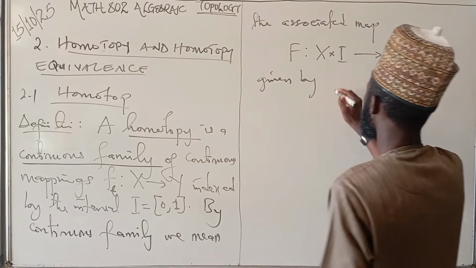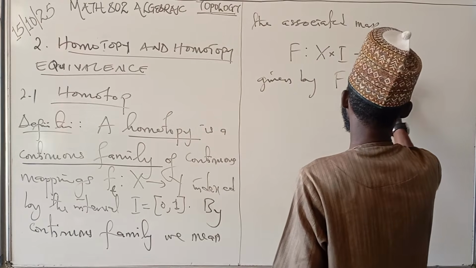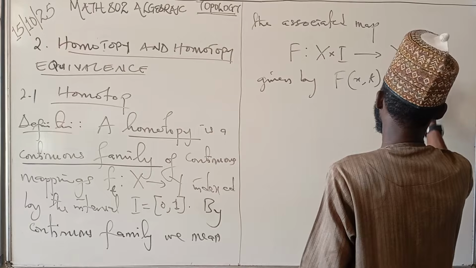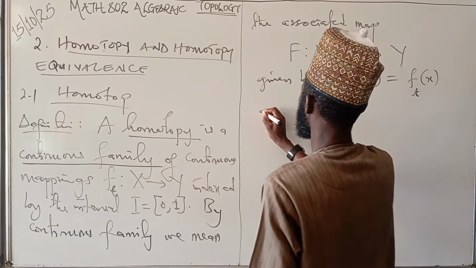So you can define the mapping F of (x, t) to be equal to F_t of x. So we mean this map is continuous.